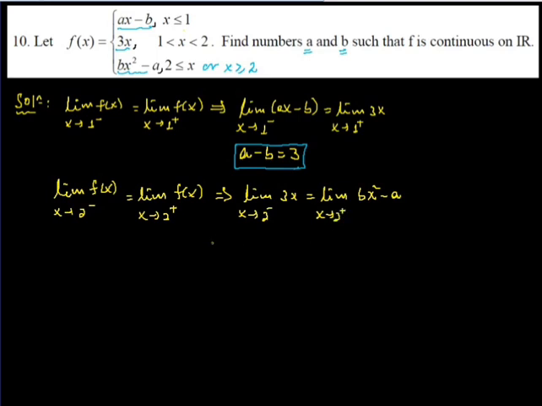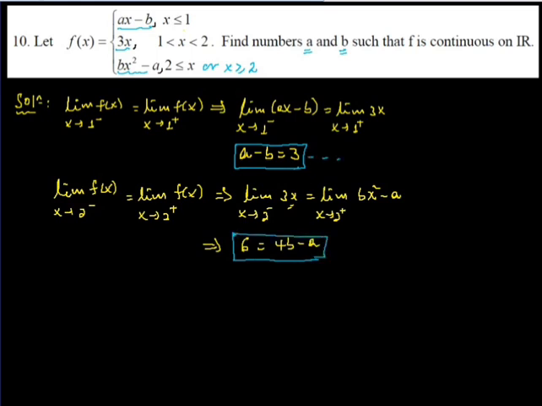So we can substitute the value of x. So it becomes 6 is equal to b times 2 squared, which is 4b, minus a. Okay, we have another equation. So here we have two equations.